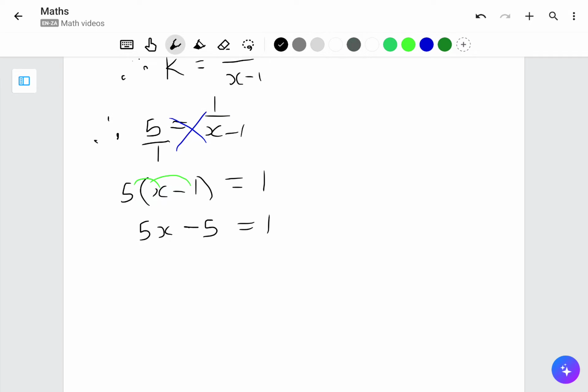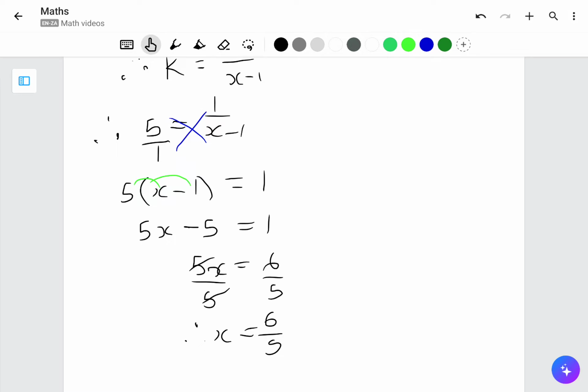Then we can see here there's a normal linear equation. We can take the 5 over. So we know that 5x will equal 6, because 5 will become positive when we take it over, and 1 plus 5 is 6. Divide both sides by 5, and we now know that x will give you 6 over 5.